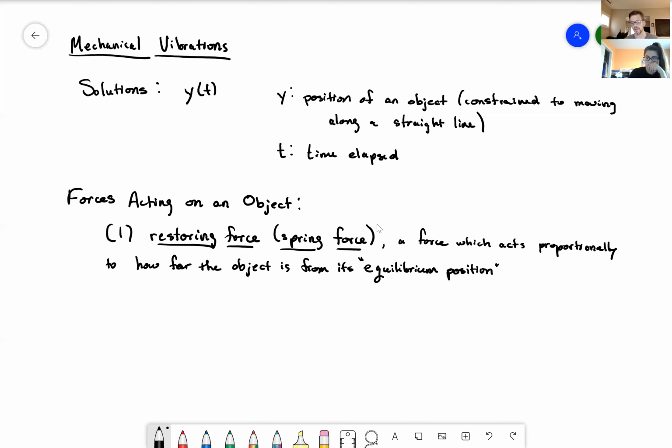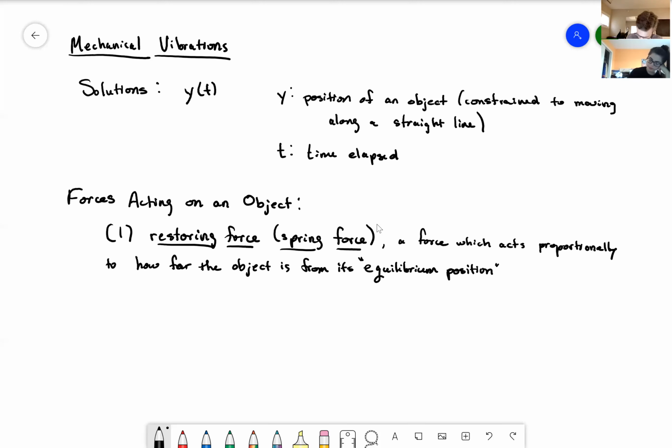In the example in the notes, or the way they go through the derivation in the book, we think of this as an object hanging on a spring. There's a force that the spring exerts pulling the object back up, and a force exerted by gravity pulling the object down. The equilibrium position will be where those two balance out.